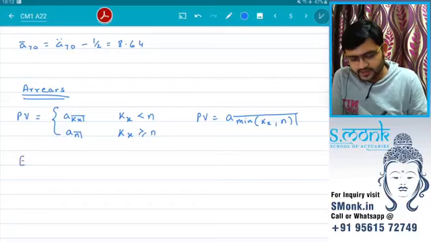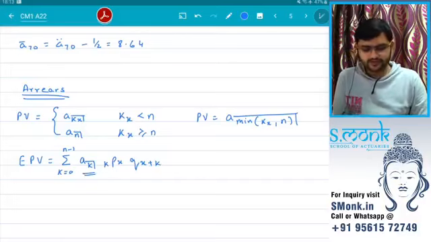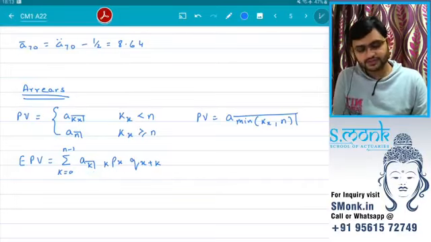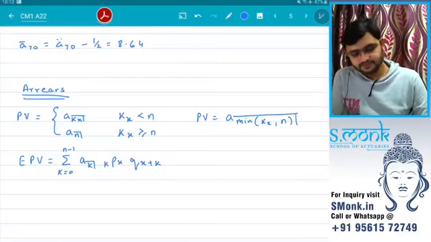When we write our expected present value, we will say it is the summation, k going from 0 to n minus 1, of a_k times kpx qx plus k. This is the amount given to a person who survived k years and then died within the next year.